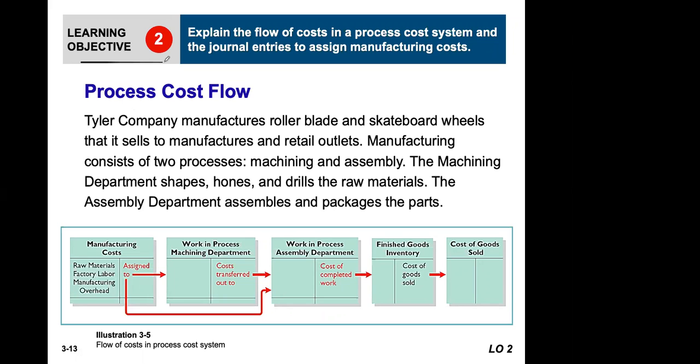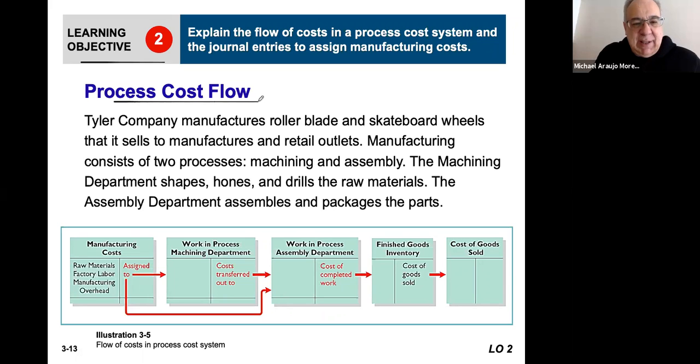All right, so we're going to learn basically how that process cost flow works for a manufacturing company that uses this. One of the best ways to learn is to jump right into an example. Tyler Company manufactures both rollerblades and skateboard wheels that it sells to manufacturers and retailers.